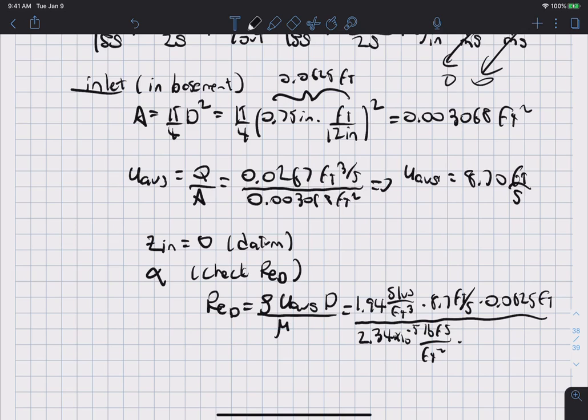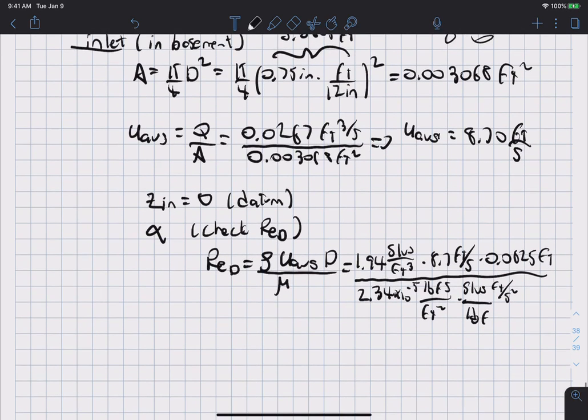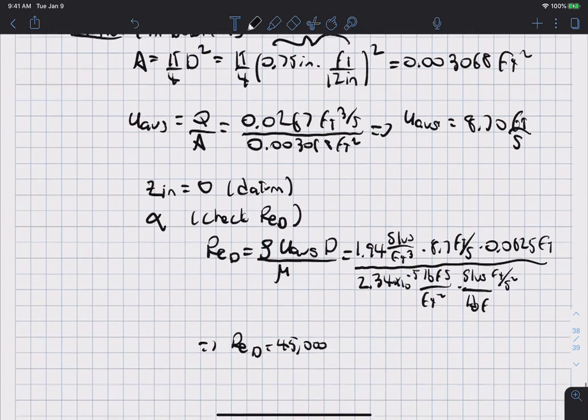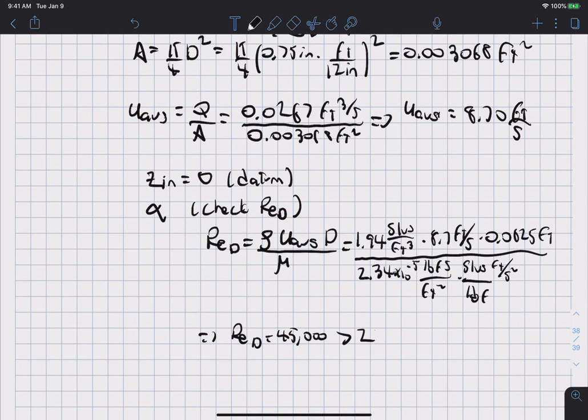And I'm going to convert the pound force to slugs and acceleration. So 1 pound force, lbf, is equal to a slug feet per second squared. And then if you punch in the numbers, you find that Re_D equals 45,000, which is well above 2,300. So this implies turbulent flow.